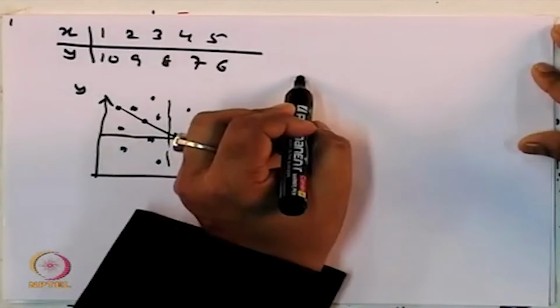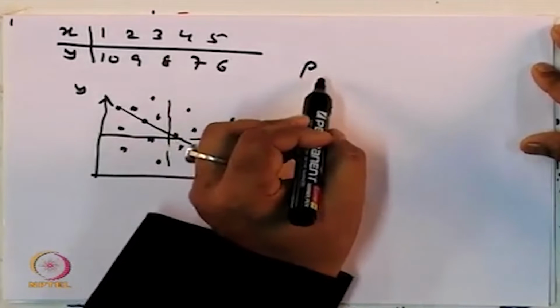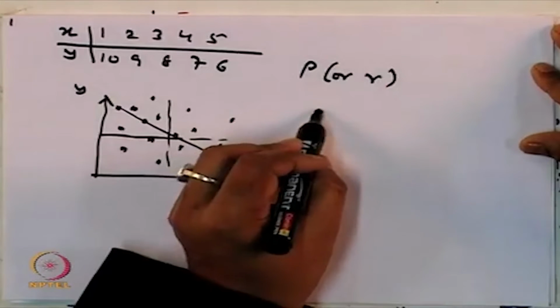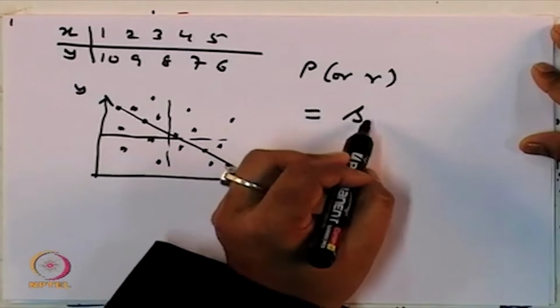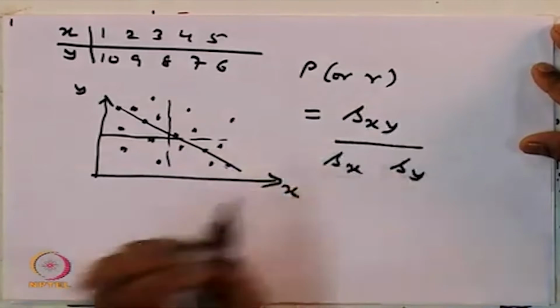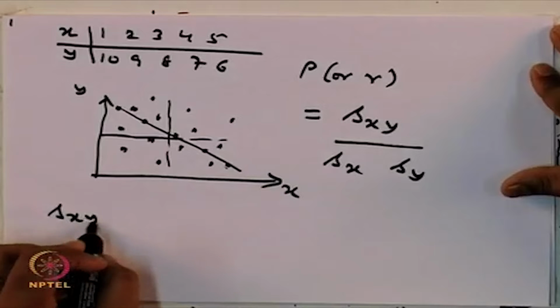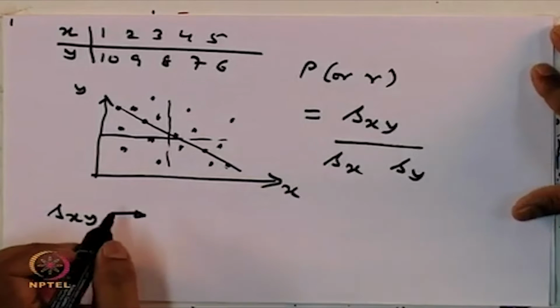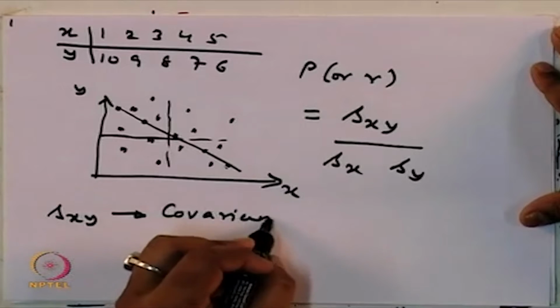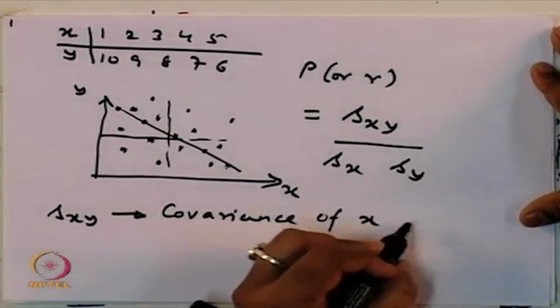So, we define the correlation coefficient rho or R, and this is given by the expression R equal to Sxy by Sx times Sy. Sxy refers to the covariance of x and y.